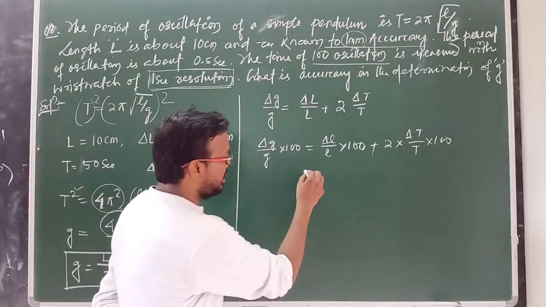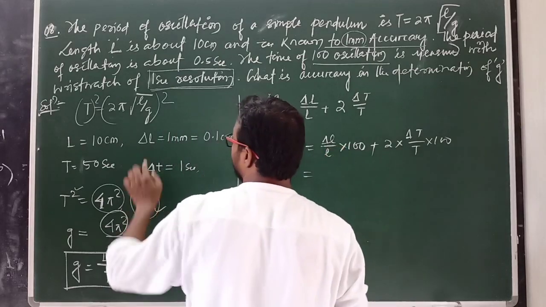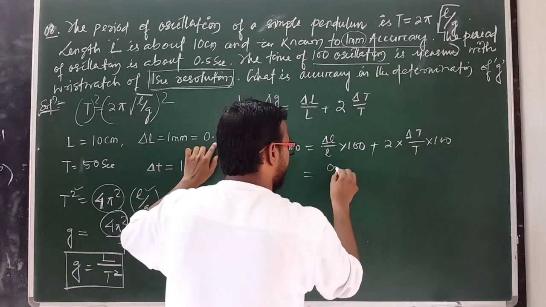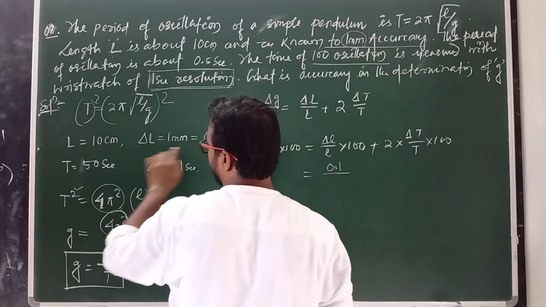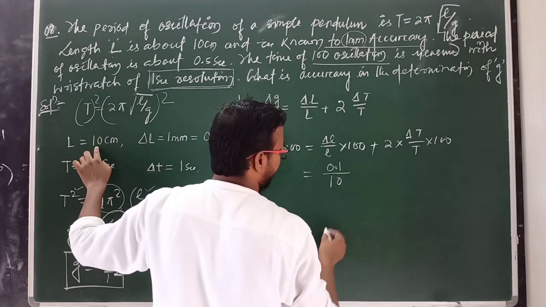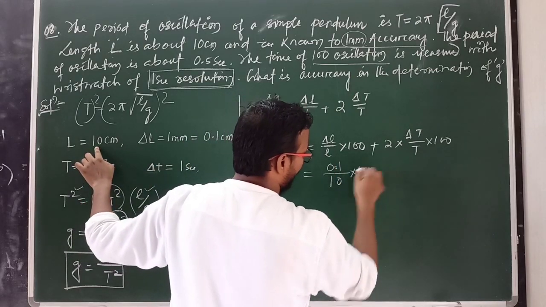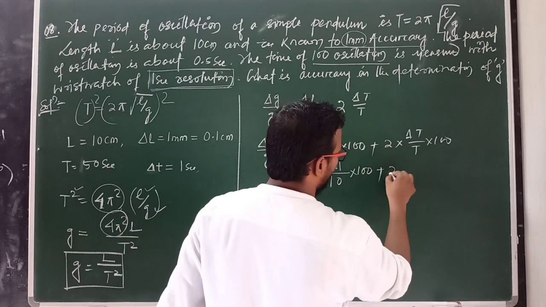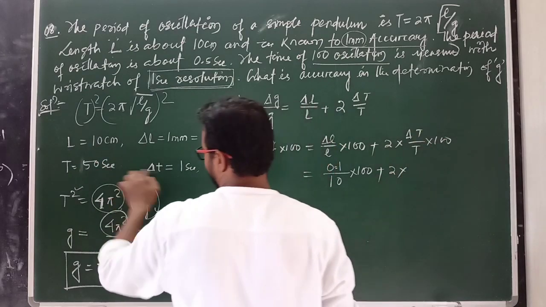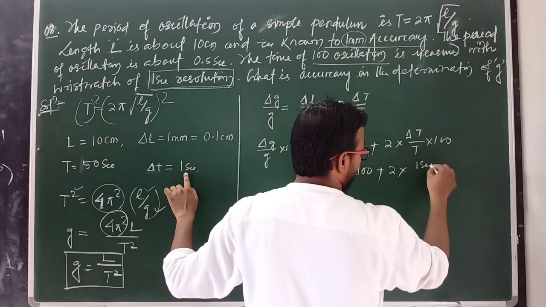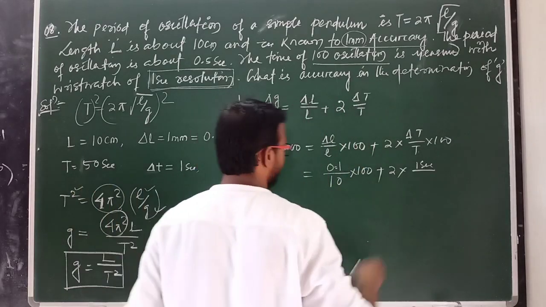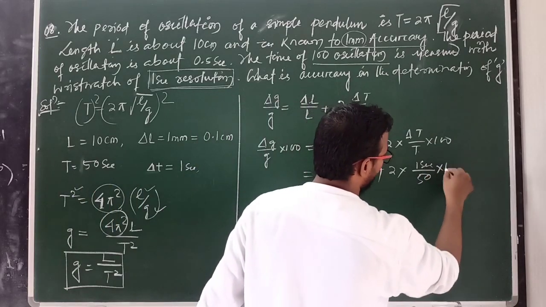So here delta L, its value is given, delta L equal to 0.1, divided by L, which is 10 centimeter, into 100, plus 2 into delta t. The error in t is 1 second, so 1 second divided by t, which is 50 second, into 100.